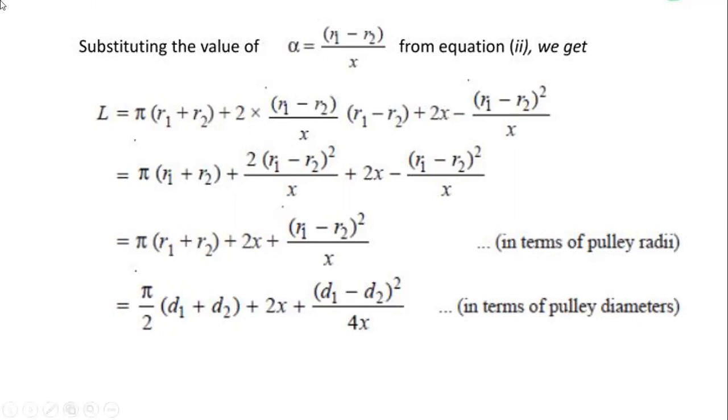Then we finally obtain the equation as pi by 2 into d1 plus d2 plus 2x, that is 2 times the displacement on the tight side and the slack side, so that is on both the conditions. Then d1 minus d2 whole square by 4x. These are the diameters of the pulley.